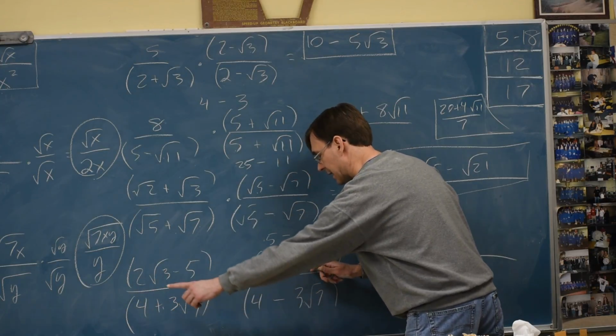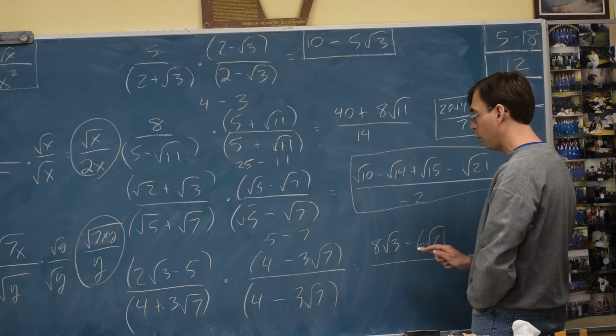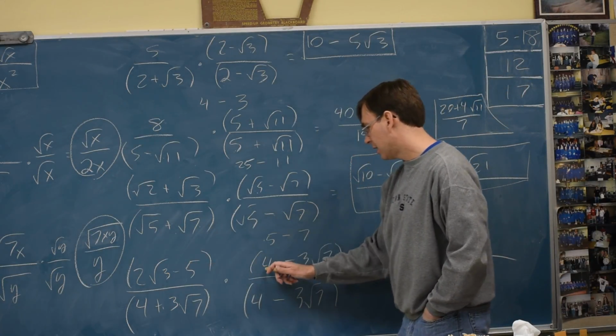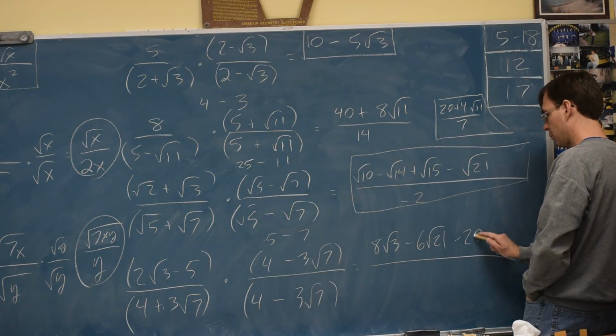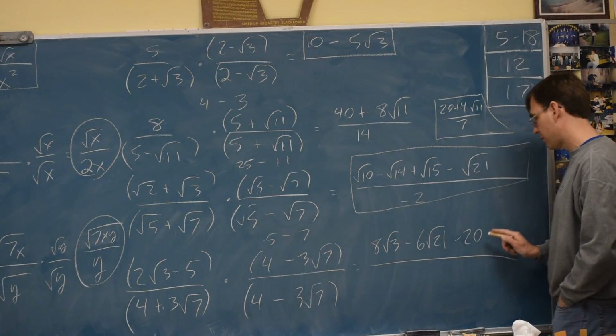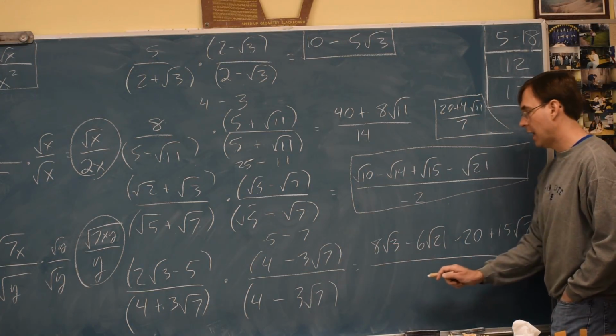Multiplying these is a negative 6 for the coefficients and a root 21 if I multiply the radicals. Negative 5 times 4 is negative 20. Negative 5 times negative 3 is positive 15 with a root 7 along for the ride.